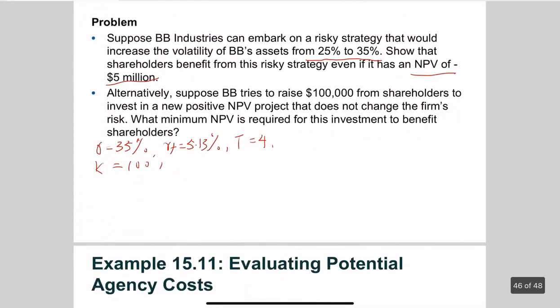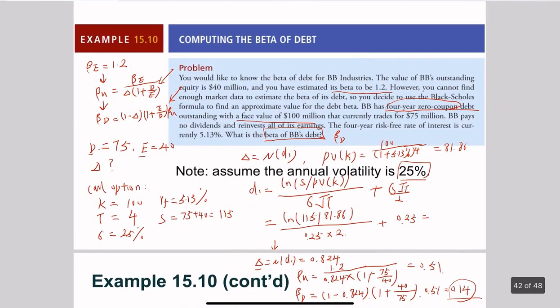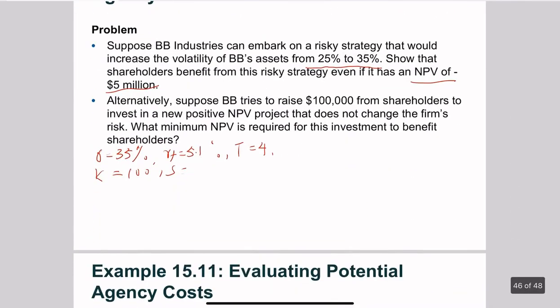And now, what is S here? So previously, S is given by $75 million of debt and $40 million of equity.